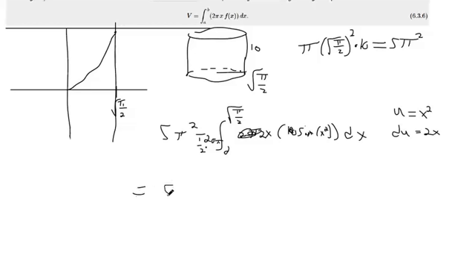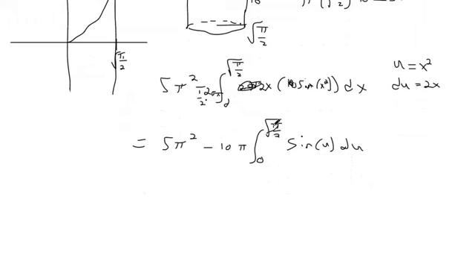So here, putting that all together, we've rewritten it as 10 pi, integral from 0 to square root of pi over 2, and then it's sine u du. Actually, these won't be the limits of integration for u. I should be careful about that because that was for x.